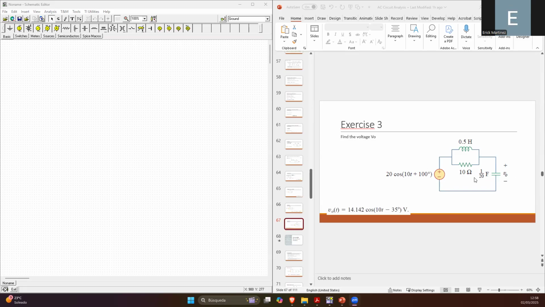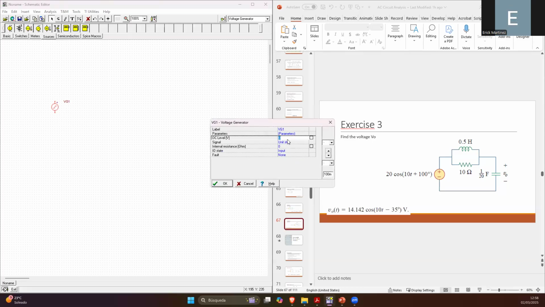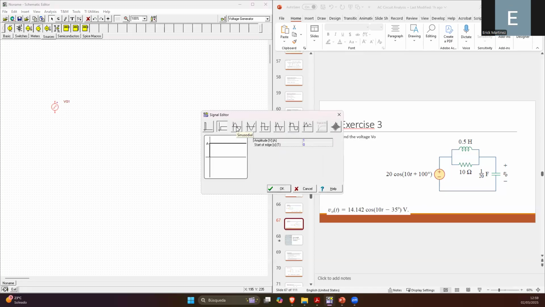If you want to simulate this type of circuit, you need to go here to sources in order to first place the voltage source. This voltage source is in the AC domain, so we need to generate a voltage source that has a sinusoidal behavior. To do that, we click here in sources, go to voltage generator, double click on this element, select signal, and in signal you select the cosine function.